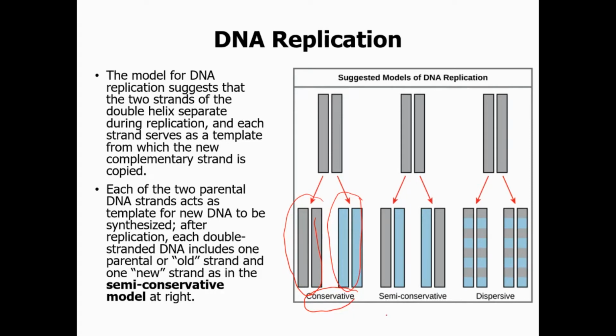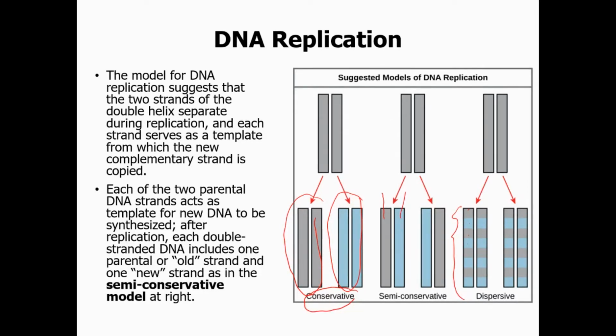And then the second proposal is semi-conservative, so that you can see each new DNA molecule has one old strand and one new strand. So it's like half conservative, right? So this is why we call it semi-conservative. And then in the dispersive method, for each new DNA molecule, you will see that within the strand, you have old and new, old, new.